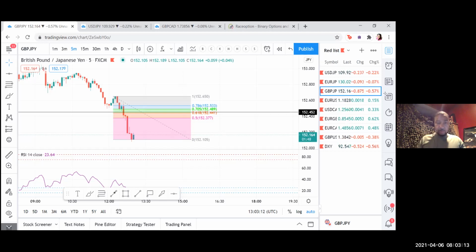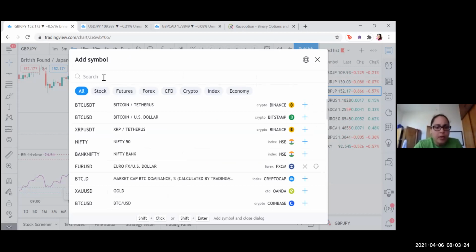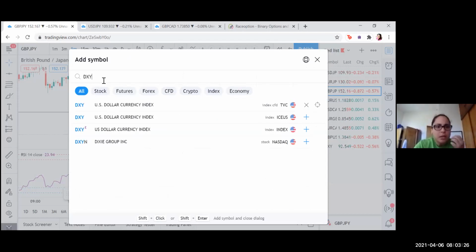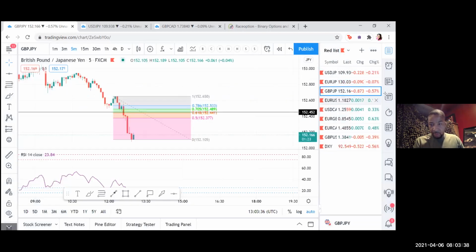When you go to your add symbol, make sure you click on all. Okay, DXY. The first one? Yeah, try the first one. Let me go back to it and see which one it is. Yeah, it's just showing you what it's doing.